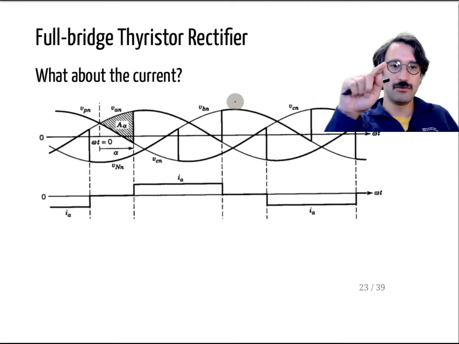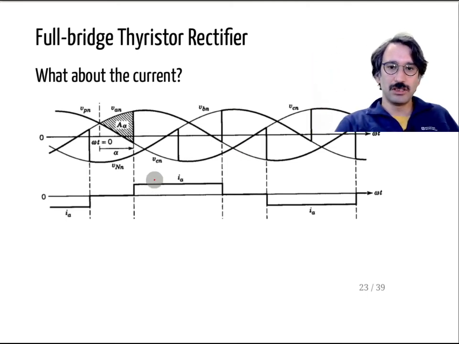Each voltage has 60 degrees of peak, but for example here we have conduction from one phase and then the other one changes, but the first term stays constant. So you have 120 degrees. It was the same in the diode rectifier case: 120 degrees of positive and 60 degrees off for one phase.